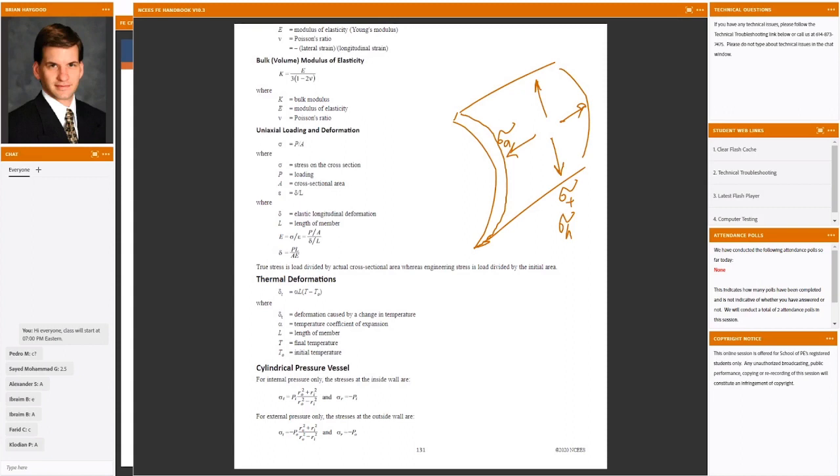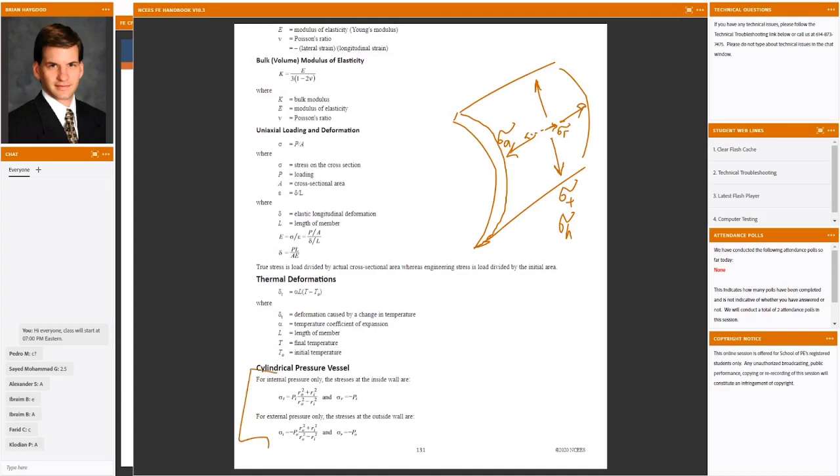The book is going to use a T for hoop stress because it's tangent to the curved wall of the pipe. The only other direction left is coming straight out of the wall of the pipe or going down into the pipe, and that's the radial direction, so we'll have a sigma radial. So radial, tangential, and axial are the 3 different directions that we care about.